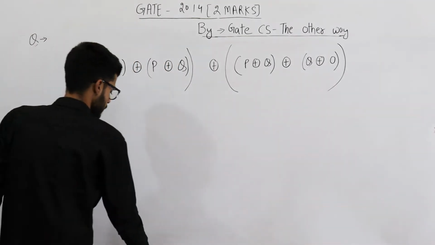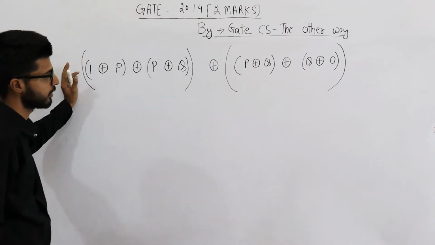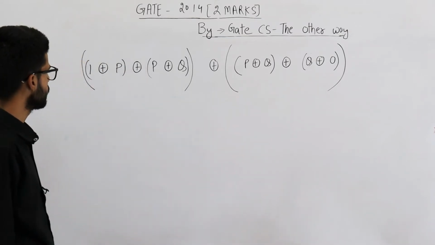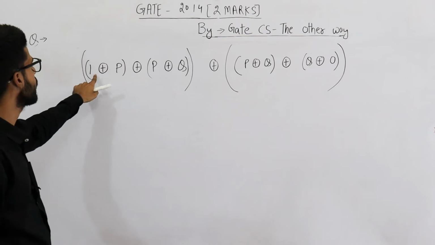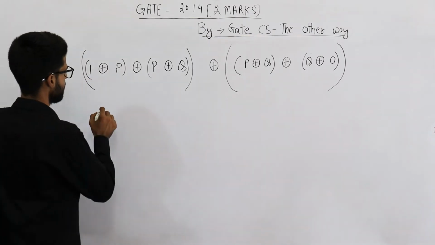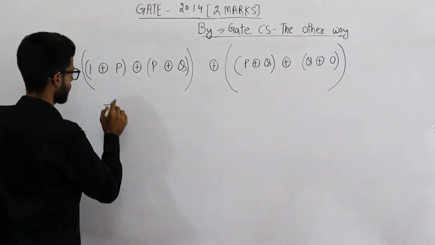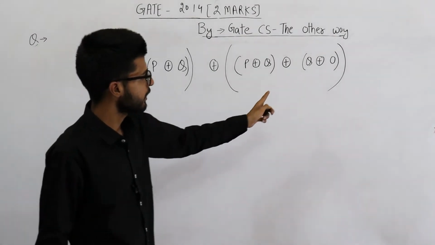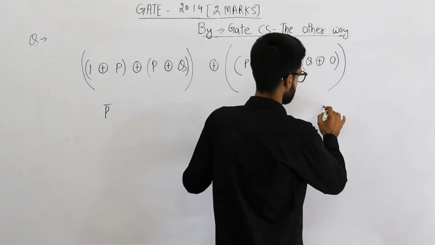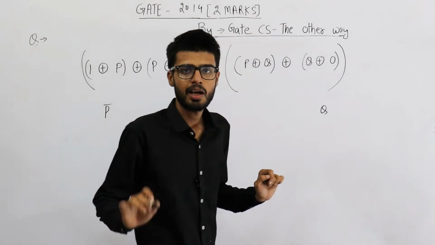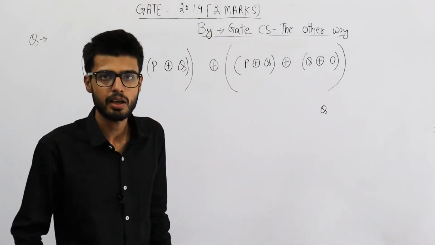So I've noted down the expression for f here. You very well know p XOR 1 will be p complement. And q XOR 0 will be q. How can I say this? XOR is a conditional inverter.